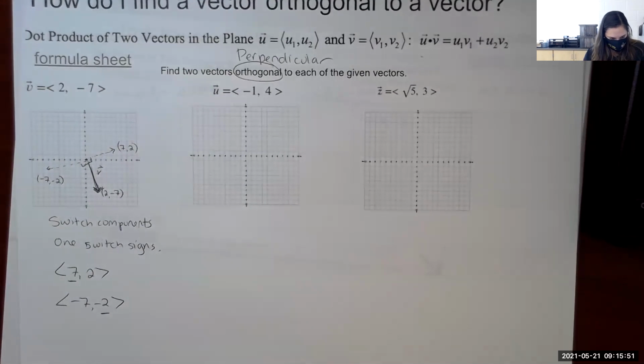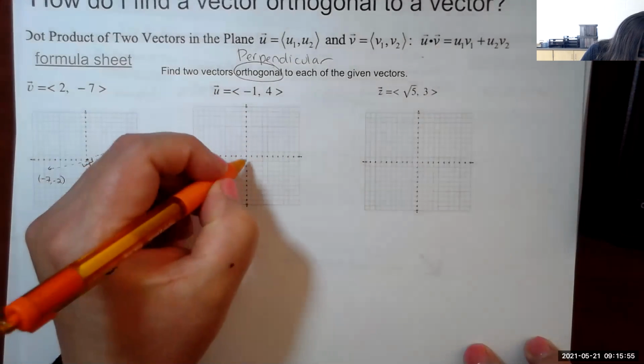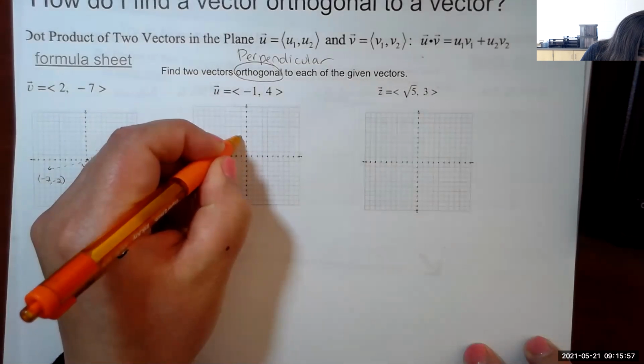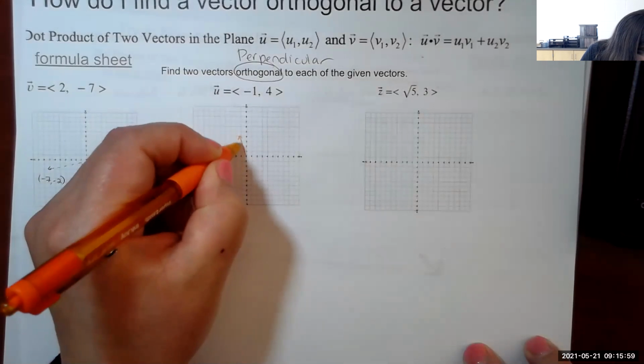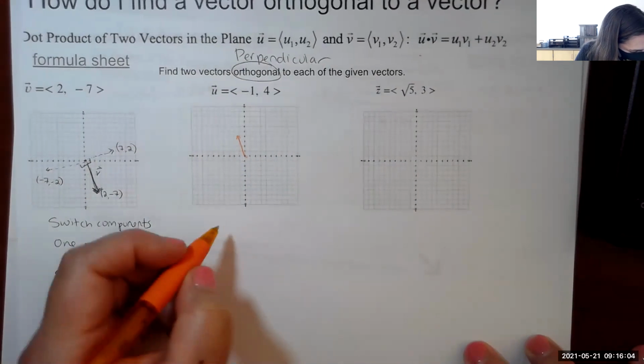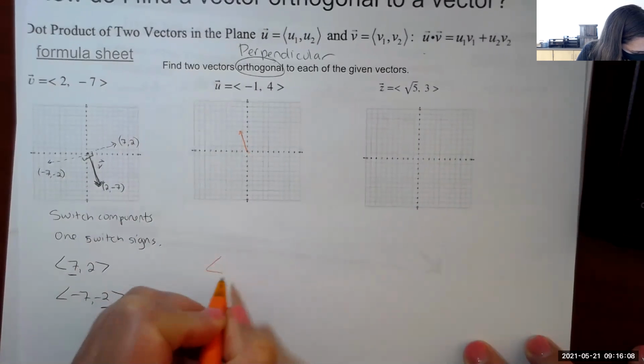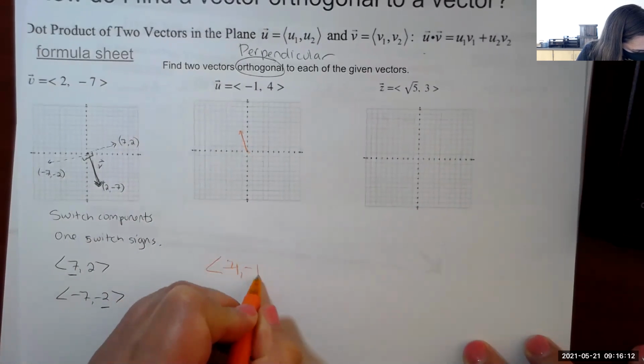All right, I'm going to do another one. So we have U in the direction of -1, 4. I'm going to sketch it first. -1, 4. And then I'm going to switch the components and one of them is going to switch signs. So one of my vectors would have to be -4, -1.